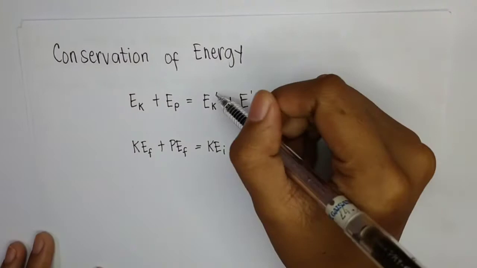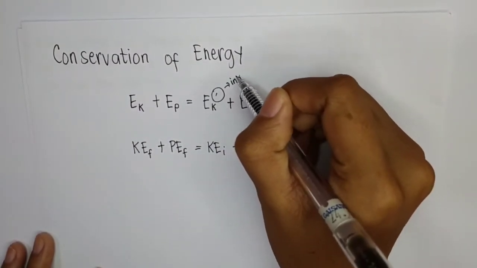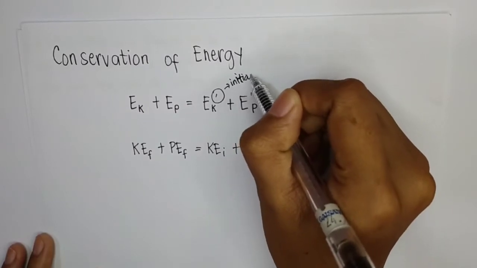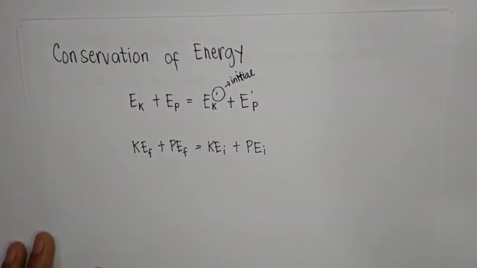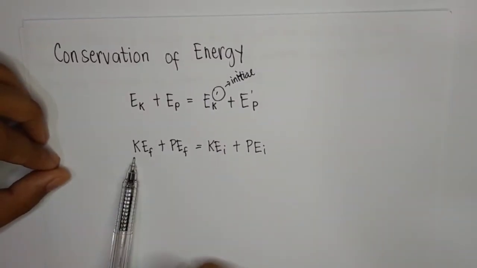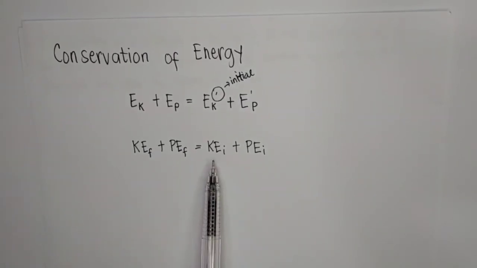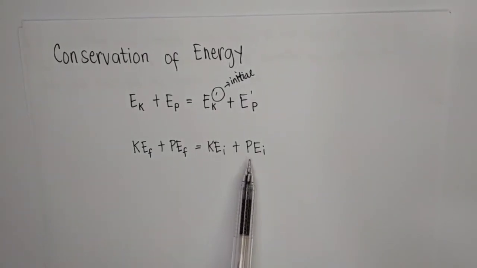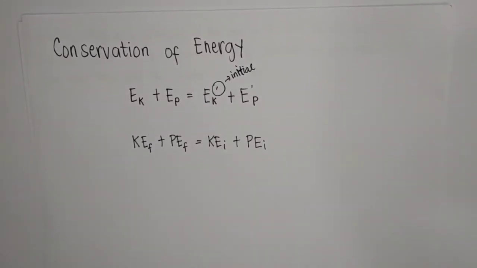So, itong prime natin dito, yan yung initial natin. Then, ito naman dito, yung walang prime, yan yung final natin. So, nag-state dito na yung kinetic energy final plus our potential energy final is equal siya sa kinetic energy initial plus the potential energy initial na nagawa natin in a certain situation.